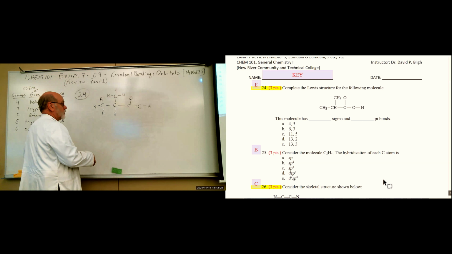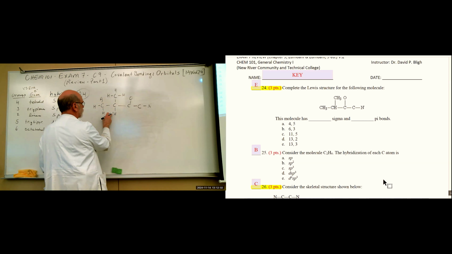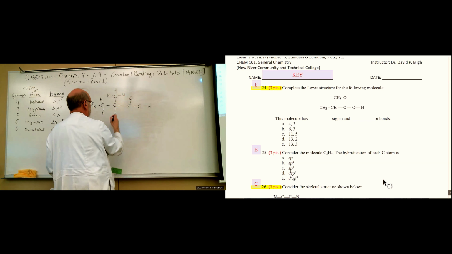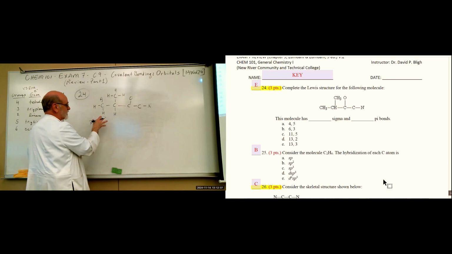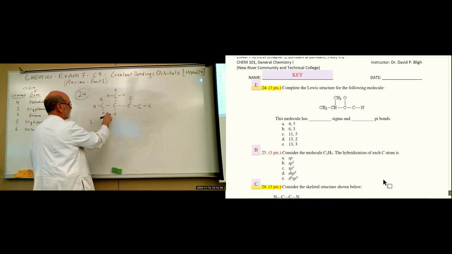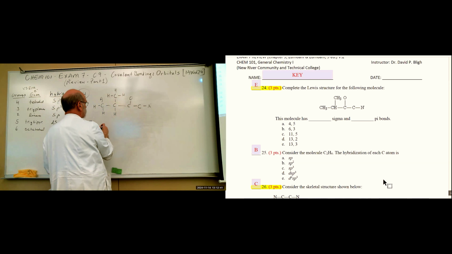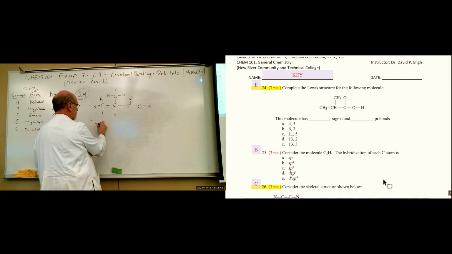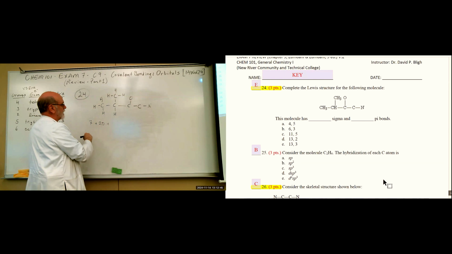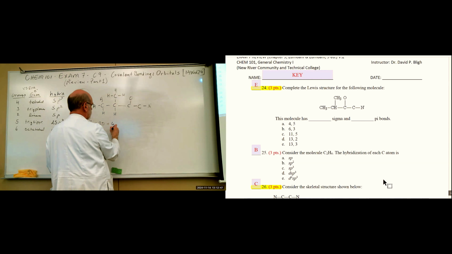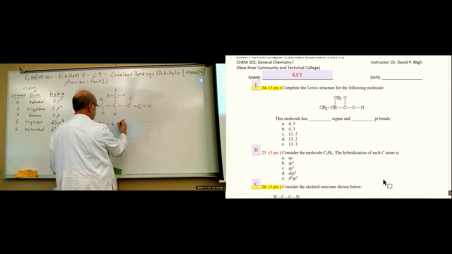So now we're going to finish the Lewis structure. We have 1, 2, 3, 4, 5, 6, 7 hydrogens, so that's 7 electrons. We have 1, 2, 3, 4, 5 carbons. 5 times 4 is 20. And we have 1 oxygen, which is 6, and 1 nitrogen, which is 5.